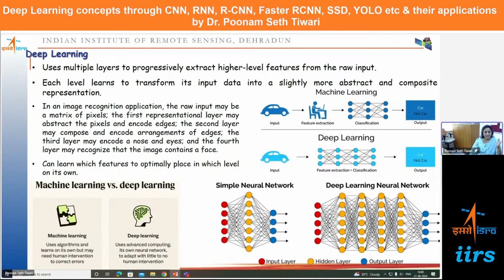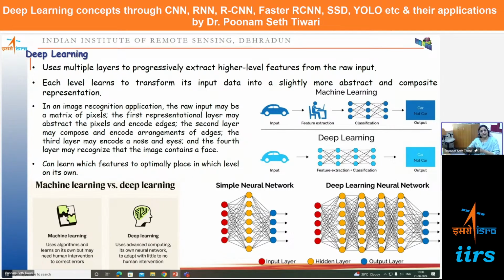Here you can see the red circles are the input layer, and the blue circles are the output layer, which will define the output class. Suppose I am doing a land use land cover classification, the blue circles would be urban or whatever classes I want to extract from my data.